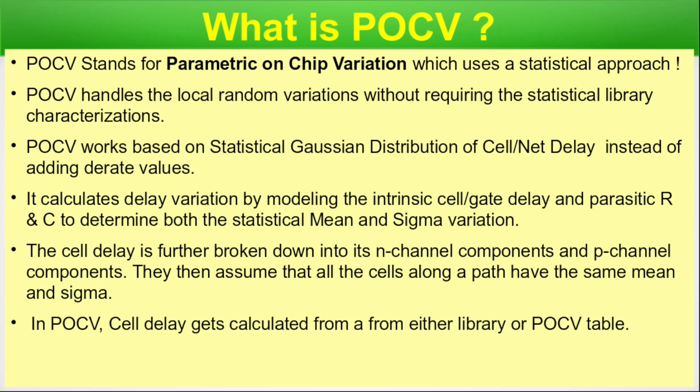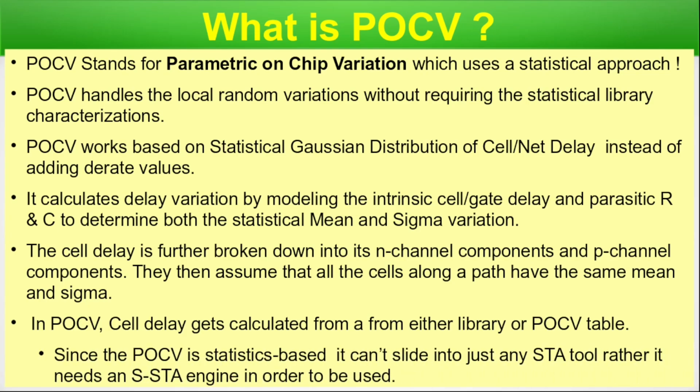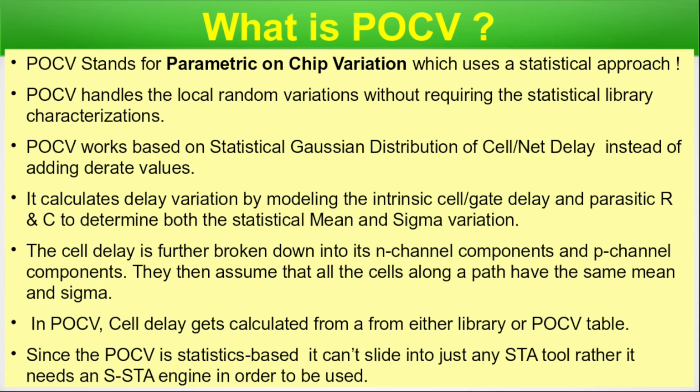Next, in POCV, cell delay gets calculated from either the library or the POCV table. We'll come to this. Since POCV is statistics based, it can't slide into just any STA tool. Rather, it needs a statistical STA engine in order to be used. What do you mean by that? That all the statistical mathematics have to be enabled in the engine, and that engine is not the same as our conventional STA.